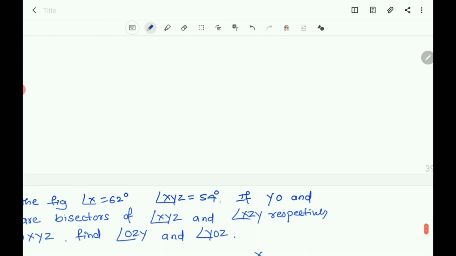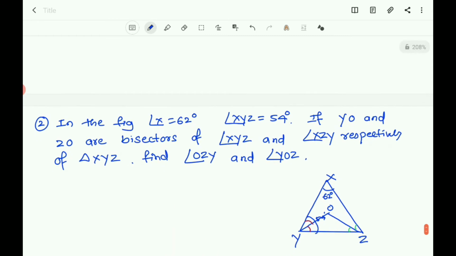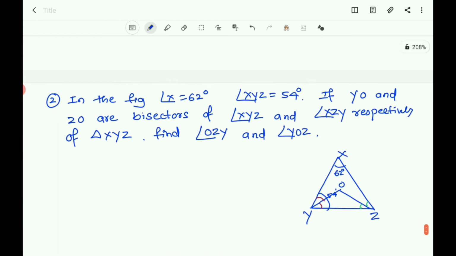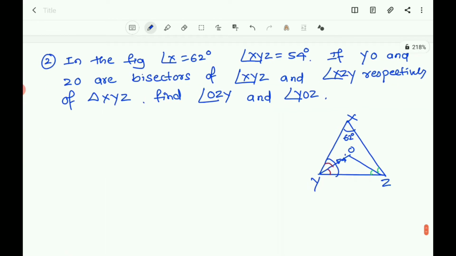Next you take the next question. In the figure angle X equals 62 degree, angle XYZ is equal to 54 degree. If YO and ZO are bisectors of angle XYZ and angle XZY respectively of triangle XYZ, then find angle OZY and also YOZ.